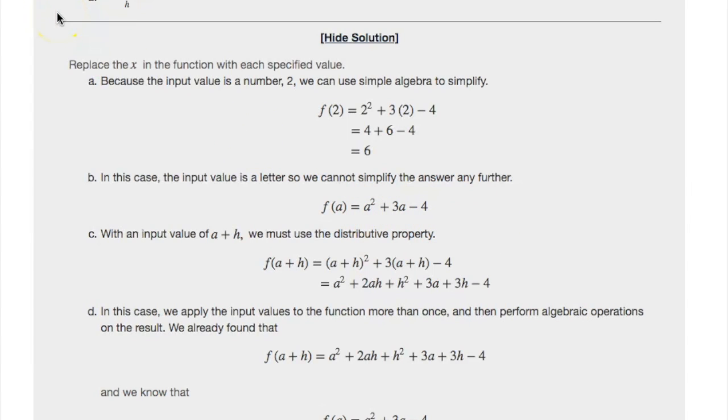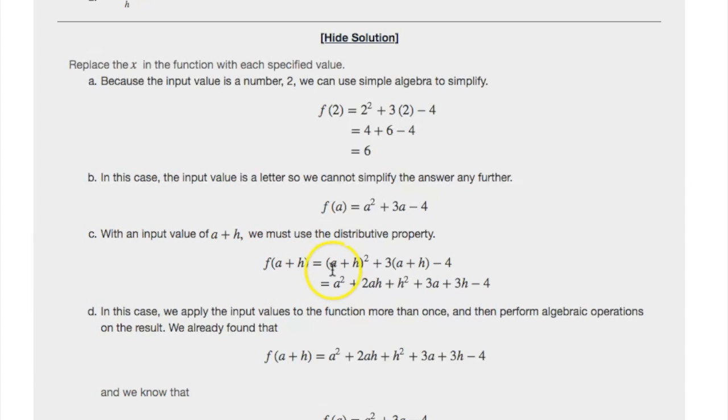For C, it is slightly different. We have an input value of a plus h. Just like in the other examples, wherever we see an x, we are going to replace that with a plus h. So right here we have f of a plus h.